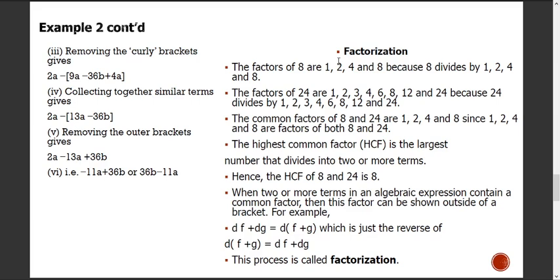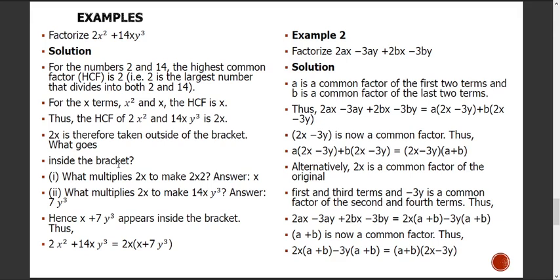But we also have a 2 and a 14. So we can take out the 2 and the x from each term and put them outside the bracket. What multiplies 2x to make 2x squared?